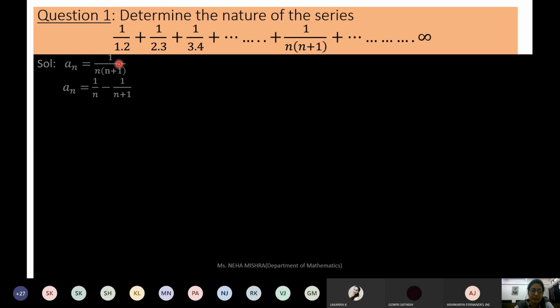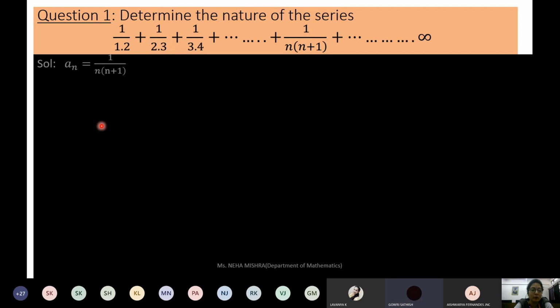Is there anyone who can explain how we got the second step from the first step? When we take LCM, we will get the first step from that. If you take LCM here, definitely you will get this. But my question is, from here, how will you get that step? From that step, you can get this step. But from this step, how will you get that step?